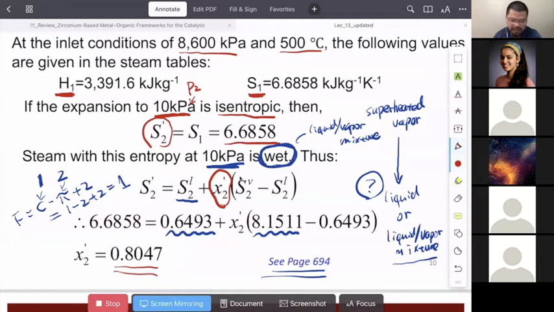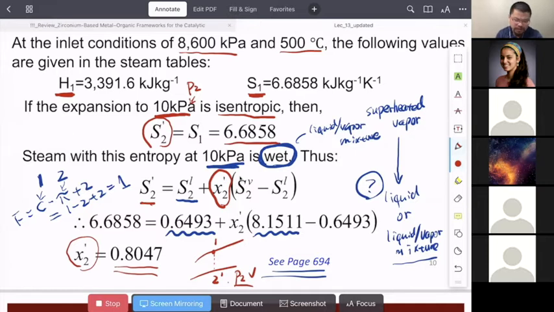So here, S2 prime would be moving from 1 to 2 prime. We know this is P2, which is known to us. So we calculated, indeed we are going to have a mixture. And if you look at the x2 prime, we can quickly understand what x2 prime is.